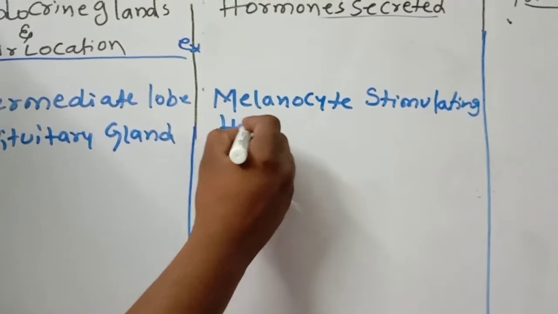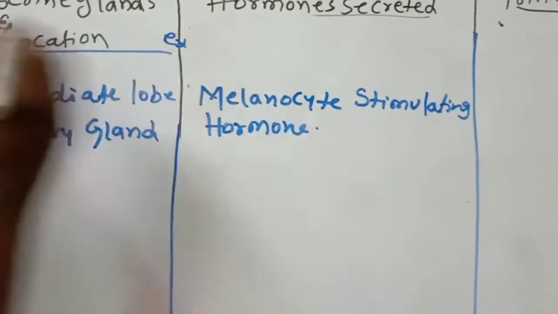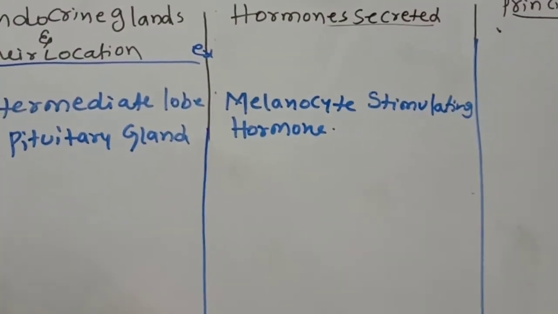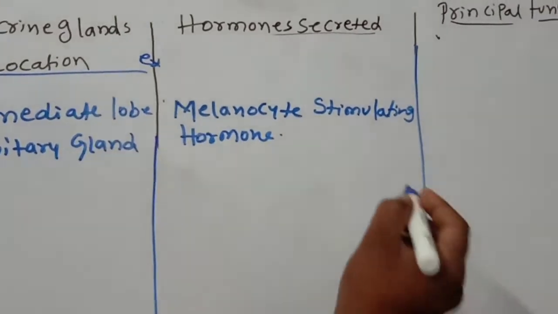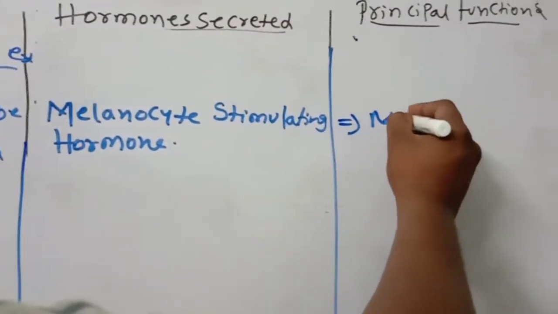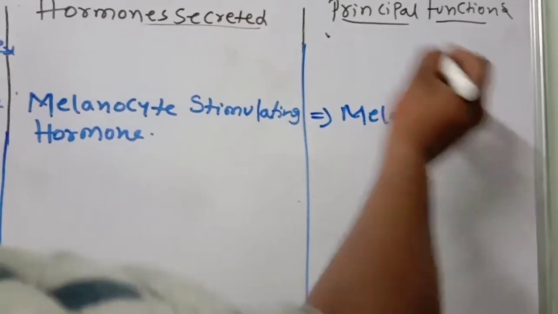This point you should remember. Melanocyte stimulating hormone is helpful for the synthesis of melanin pigment.